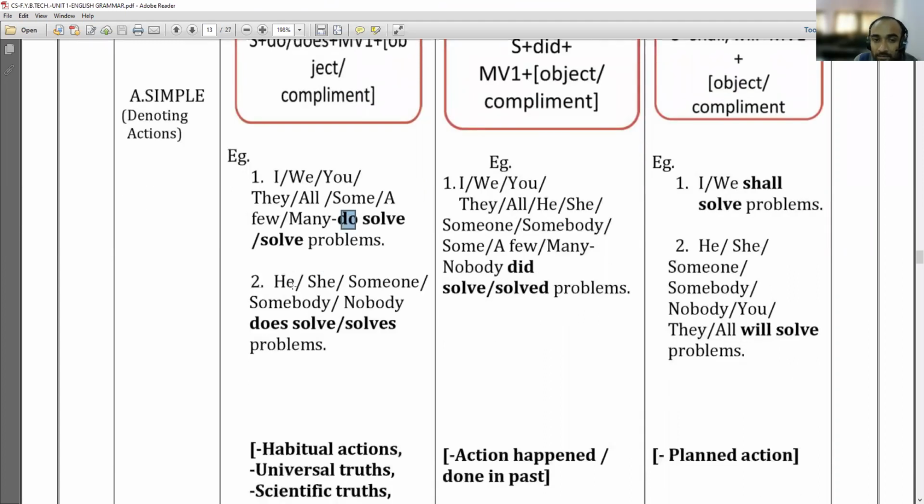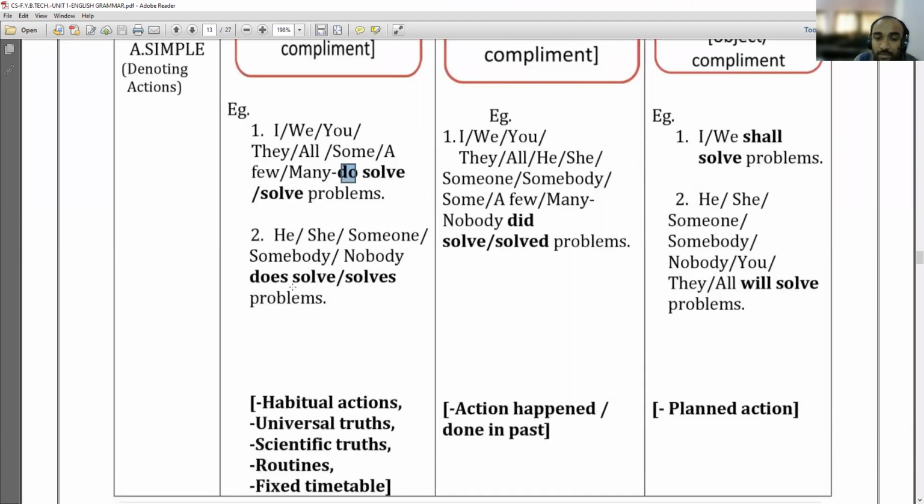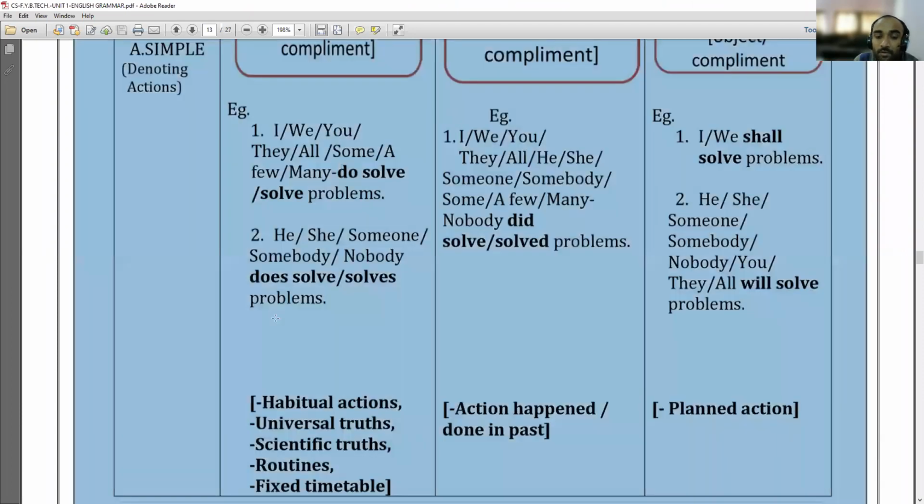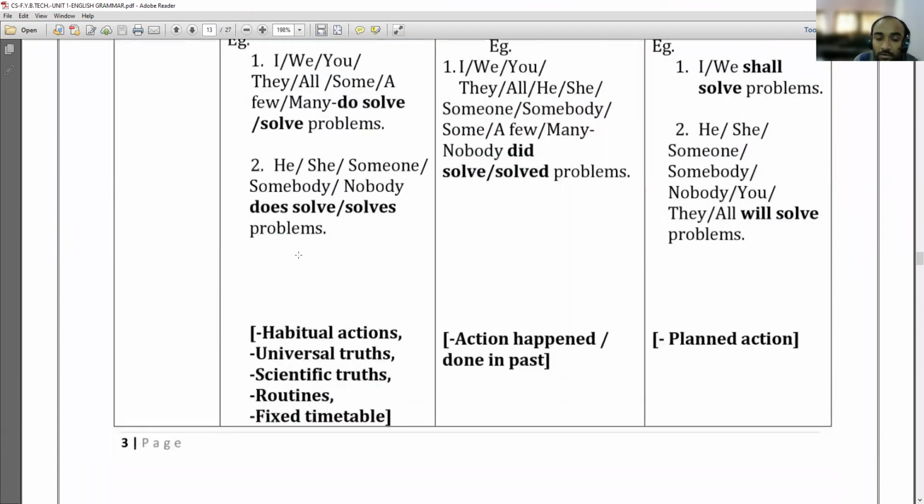We generally use it for denoting or showing the habitual actions. आपल्या सवयीच्या गोष्टी आपण दर्शवण्यासाठी, दाखवण्यासाठी, for denoting them we use this tense. Universal truths.